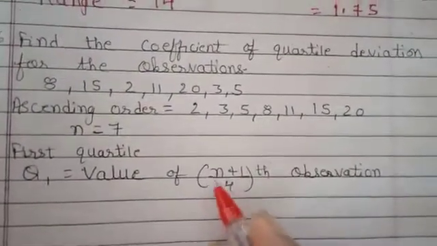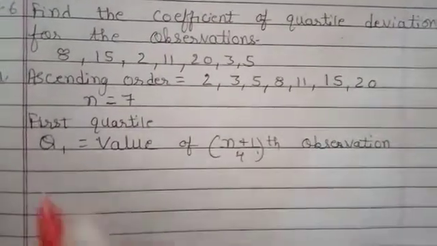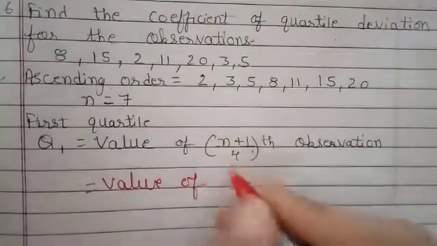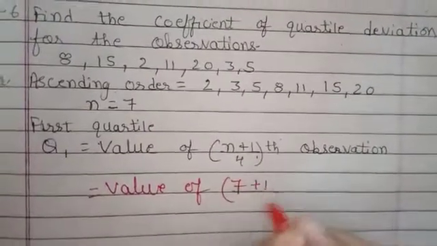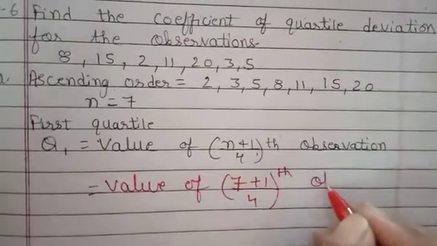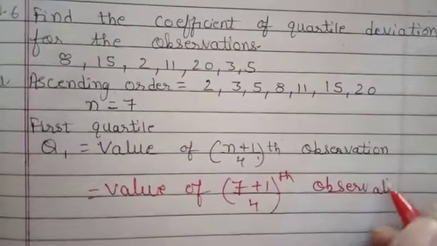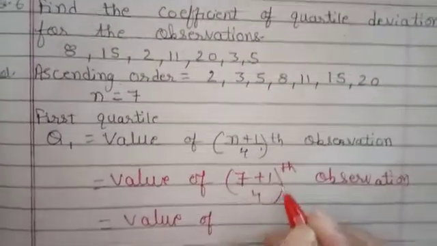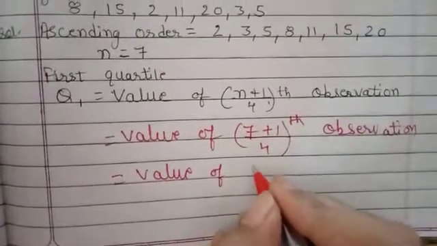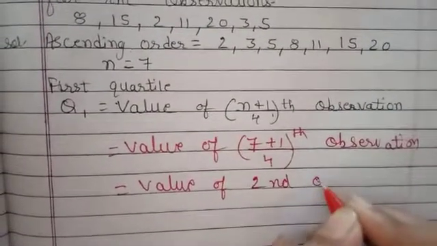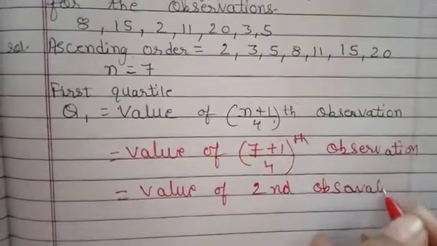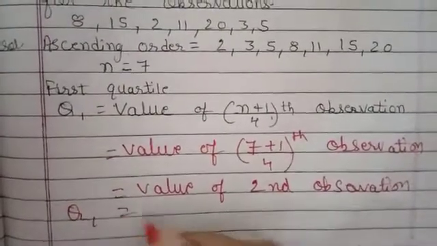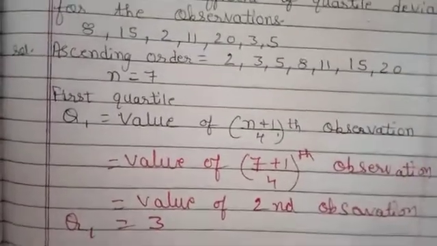Q1 is equal to value of n plus 1 upon 4th observation, that is 7 plus 1 upon 4th observation, that is 8 divided by 4, so value of second observation. Now from here our second observation is 3, so Q1 is equal to 3.